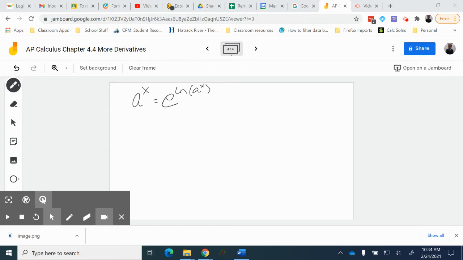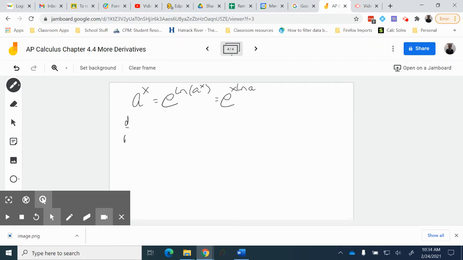They're inverse functions. We're left with a to the x. And then, because of a property of logarithms, I could rewrite that as e to the x times the natural log of a.